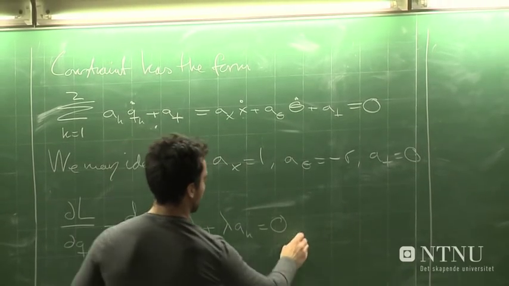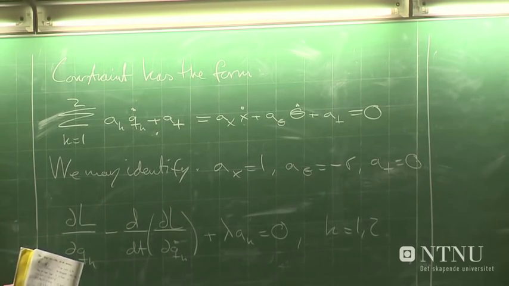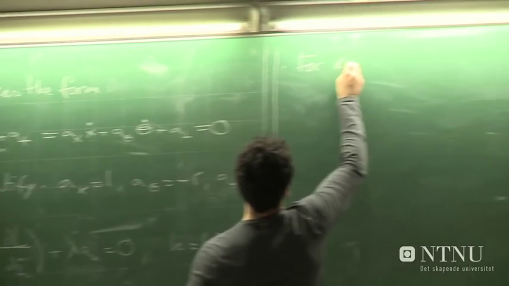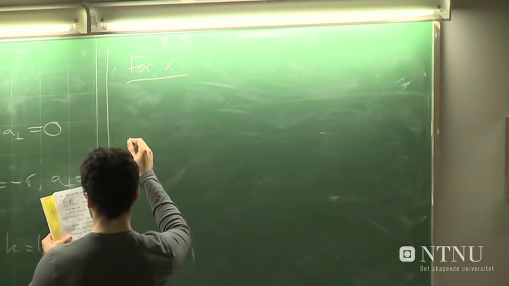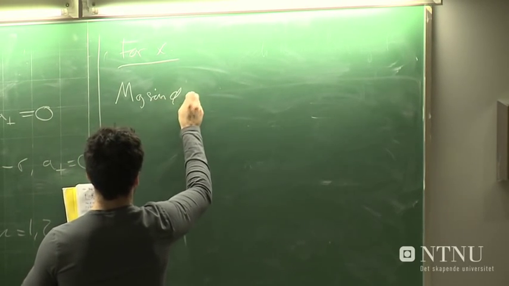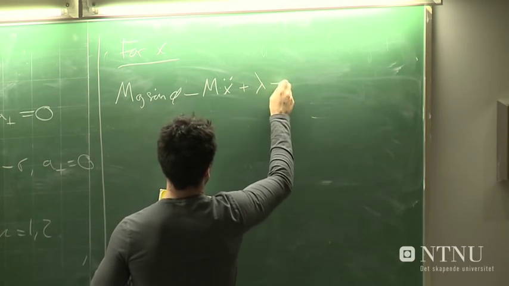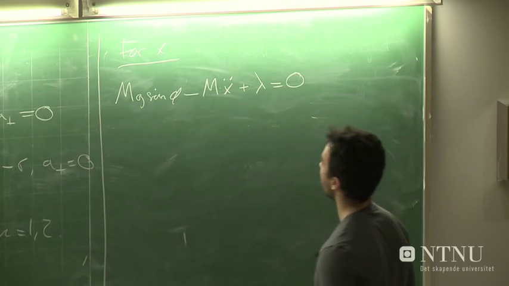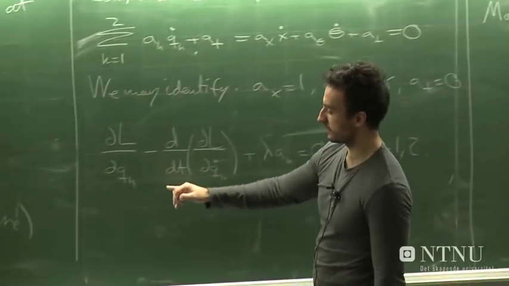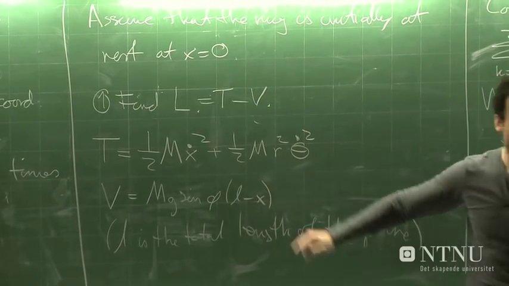So this is two equations. We have one equation for x, one equation for theta. So let's have a look at the x one first. If I obtain these terms here from the Lagrange function, T minus V, which I've written here, I get this.